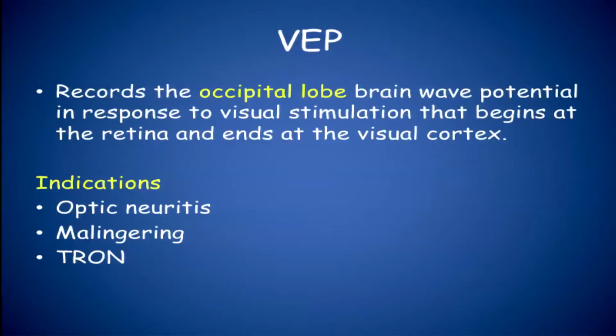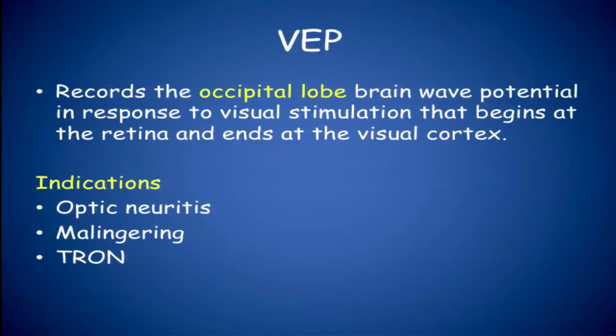Visual evoked potential. As the previous doctors have discussed, the relative afferent pupillary defect in the clinic itself helps in clinching the diagnosis. The objective part of that can be VEP.